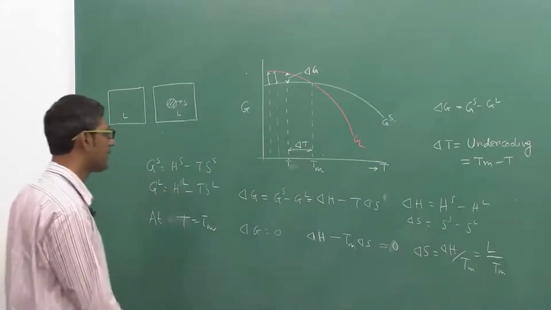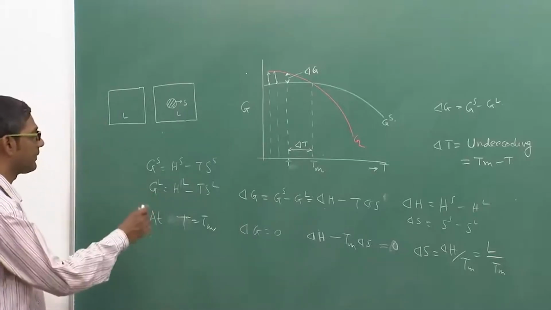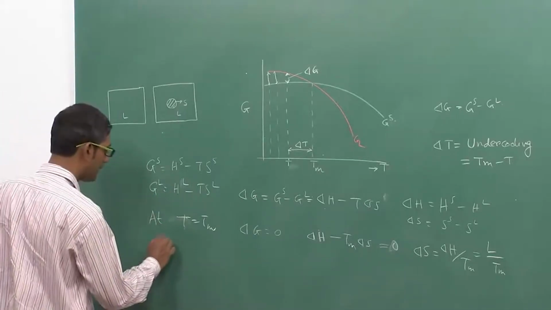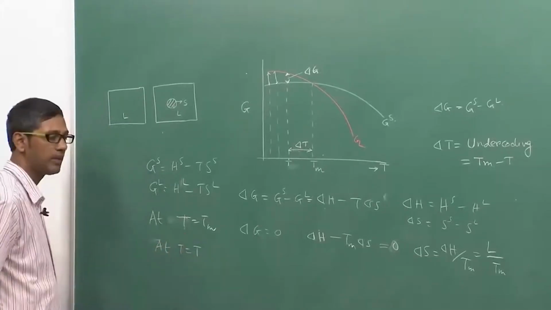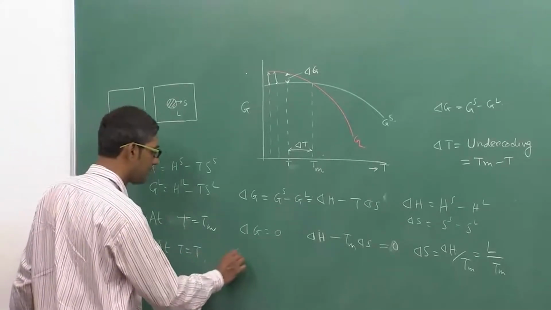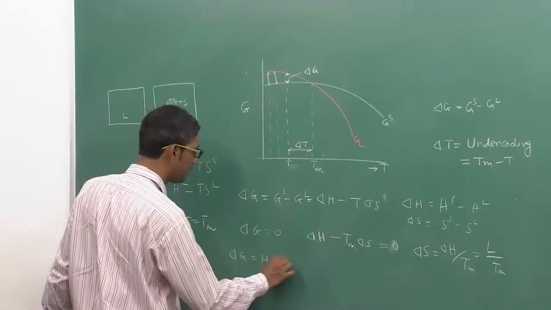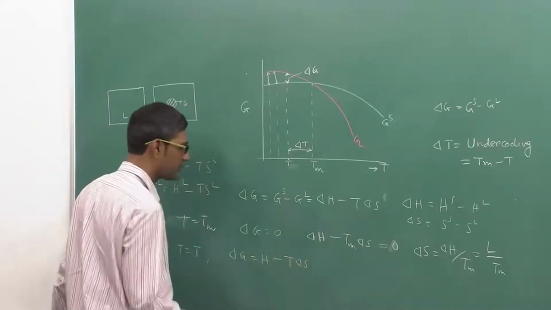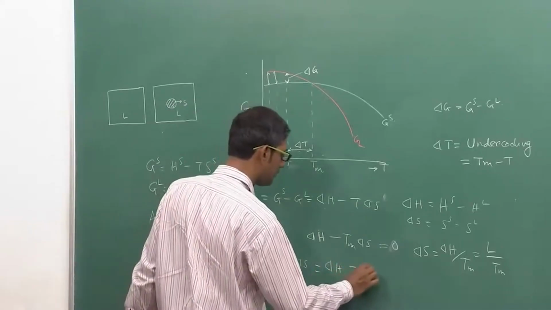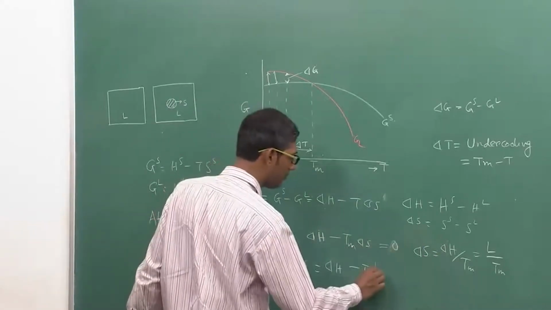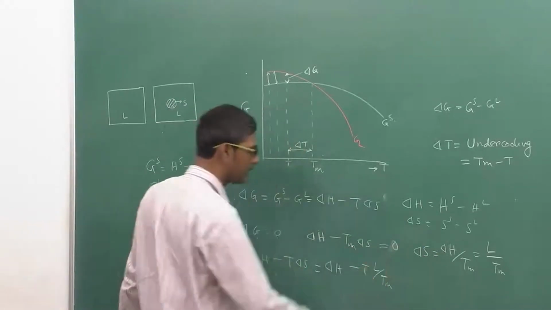Now I can do the reverse mathematics to find out, at any temperature T, what is the value of delta G. Delta G is nothing but delta H minus T delta S. I replace delta S by L divided by Tm.